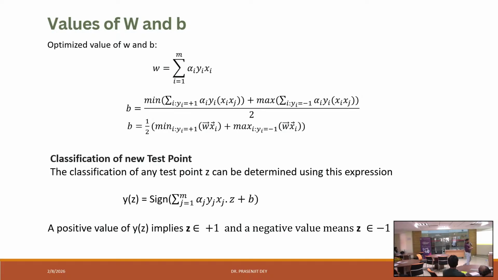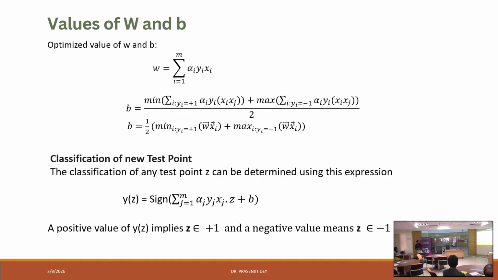Now this is some assumption type of writing I have put here. B needs to be with respect to positive and negative samples, but for overall classification, W should obviously be sum over of all the samples alpha i, yi, xi.